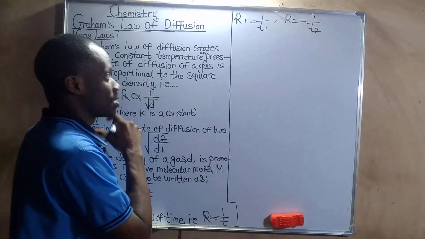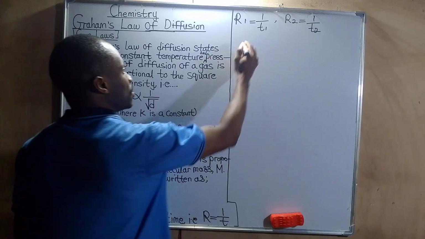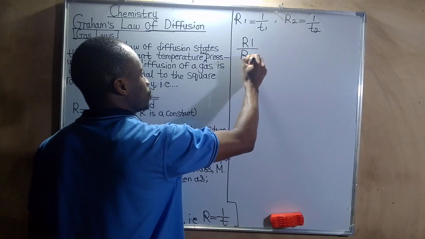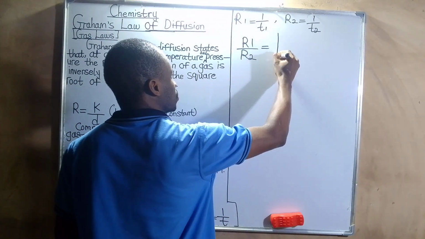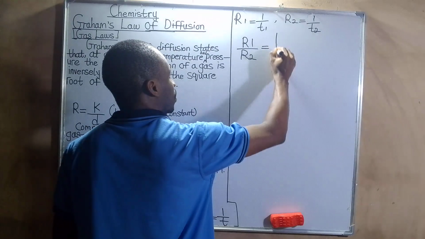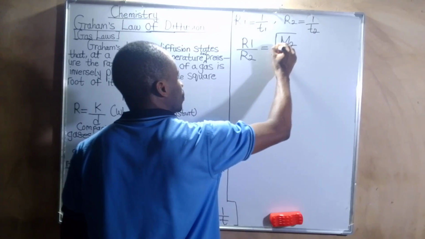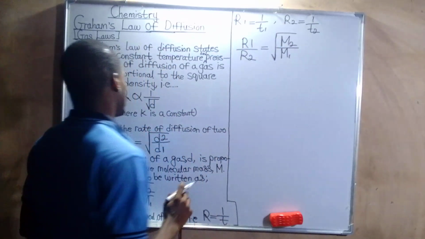And remember, the formula states that, okay, let's start from the beginning. R1 over R2 is equal to all in square root M2 all over M1. Good.